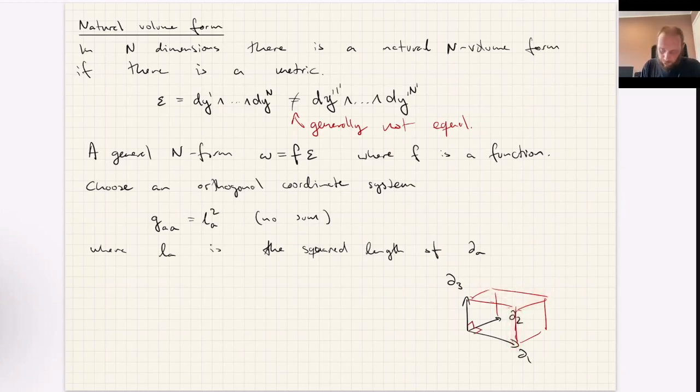So the volume spanned by these coordinate basis vectors should be the product of all L_A, right?